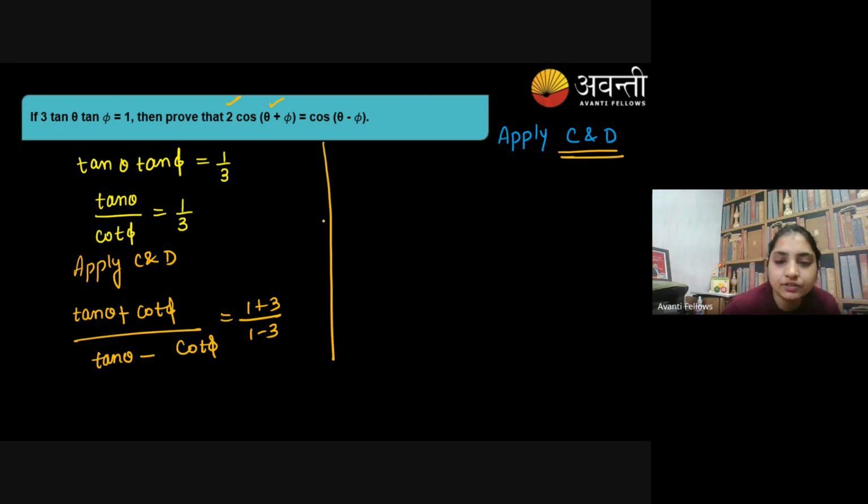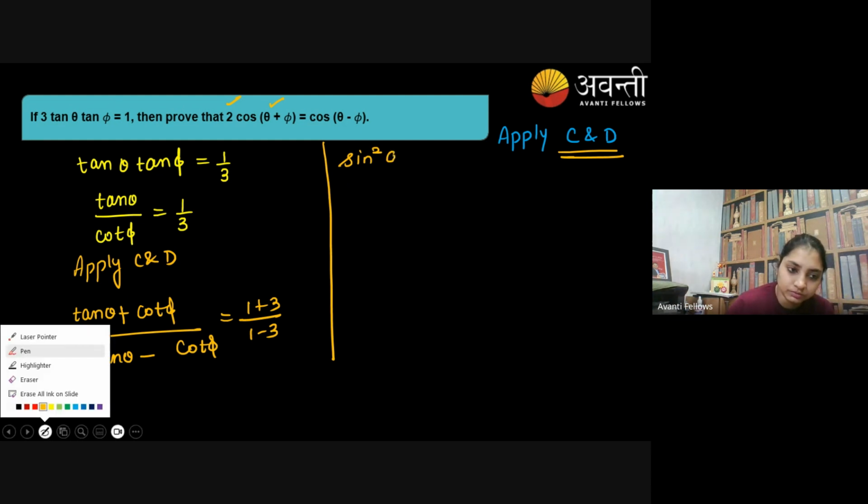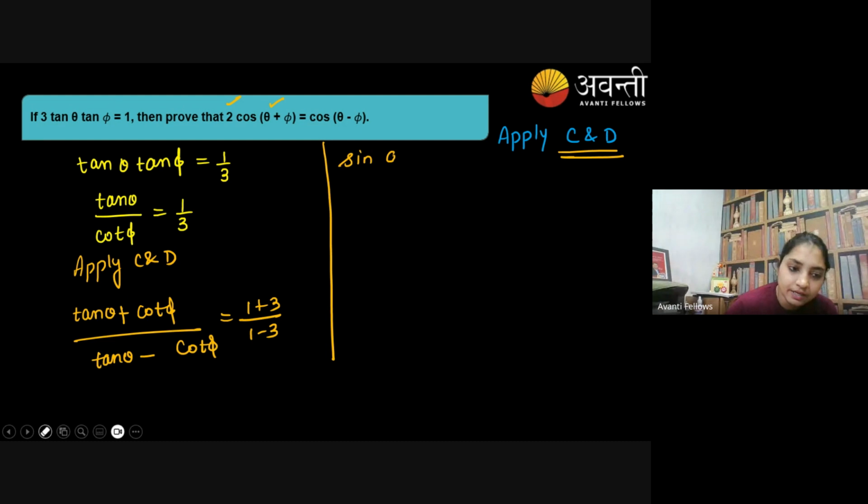Now can I change it in sine and cos? So it will become, if I take the LCM, not sine square, it will be sine theta cos phi plus cos theta sine phi, right?